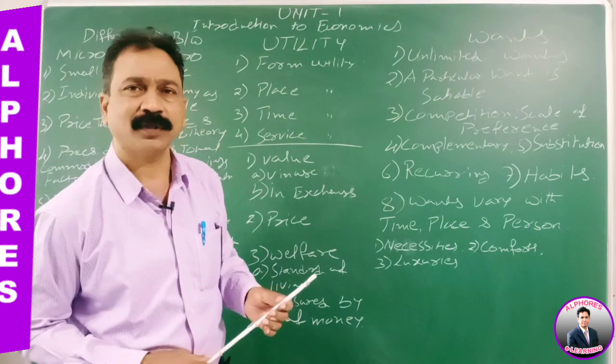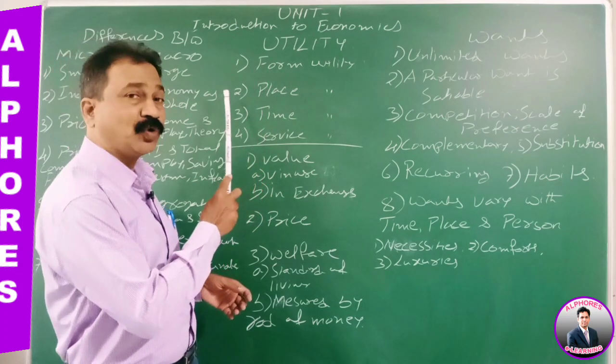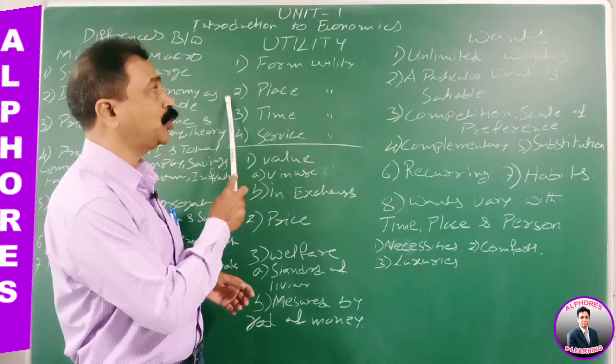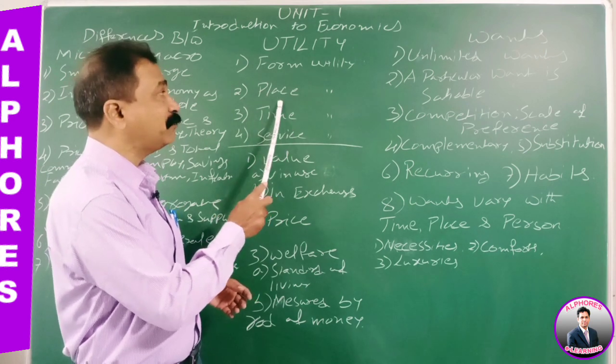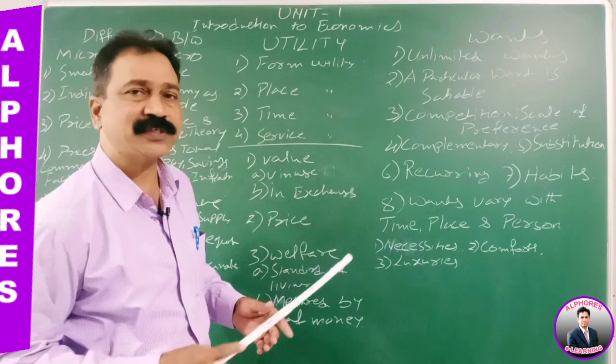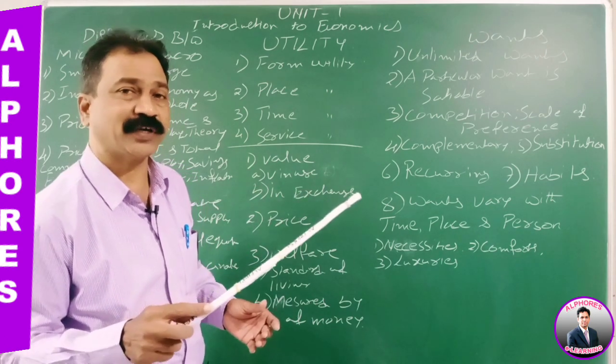It's not possible. So what the farmer is doing, he is carrying those vegetables from his farm to the vegetable market. In that way he is adding place utility to those vegetables.